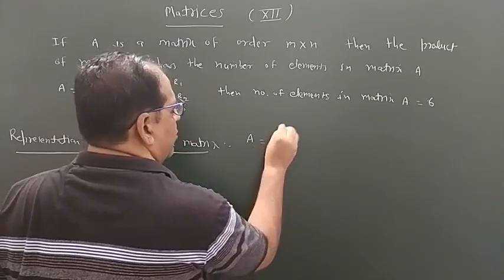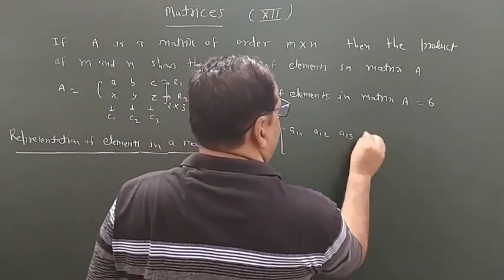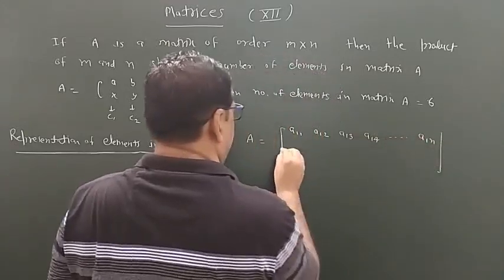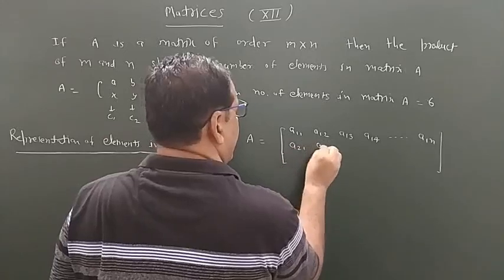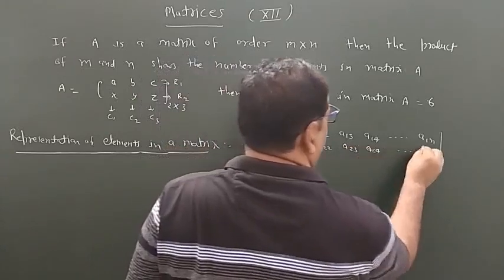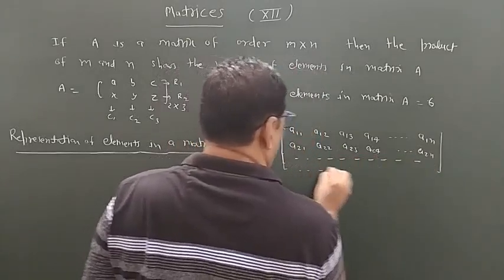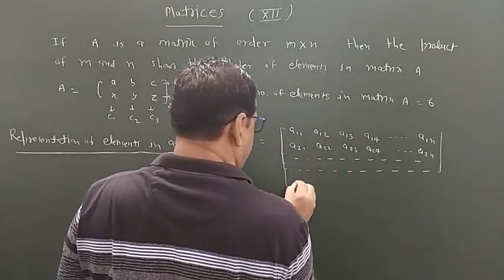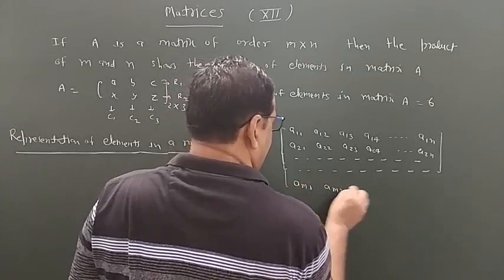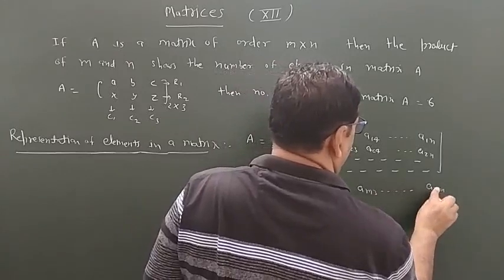A equal to a11, a12, a13, a14, a1n, then a21, a22, a23, a24, and this is the second row. Now the third row, the fourth row, and finally am1, am2, am3, and finally amn.